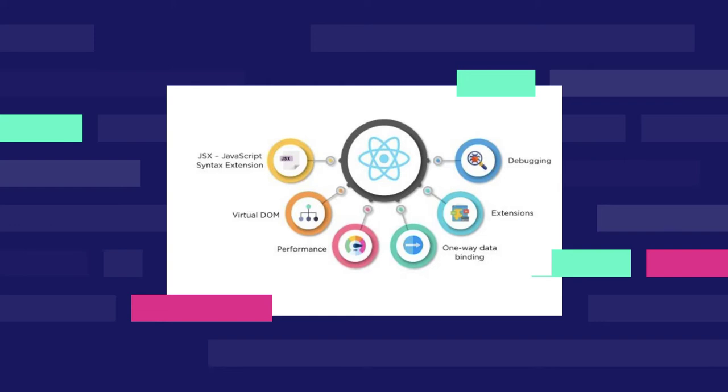We'll discuss in detail. Virtual DOM: we have heard of the real DOM, so what is this virtual DOM? Then there is certain performance which is given out of the box. One-way data binding, we discussed that, but again we'll discuss it in more detail. We have certain extensions and debugging tools which are available to help the developer experience, to debug your applications very easily.